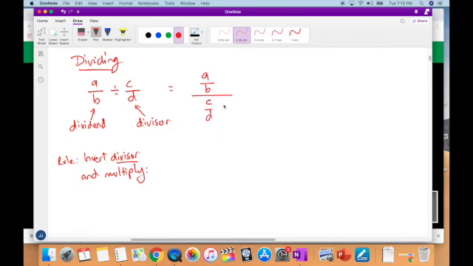So therefore, this is the divisor, c over d. So I'll have a over b multiplied, and I'm inverting the divisor. So the divisor will now be d over c. My answer is now AD over BC.